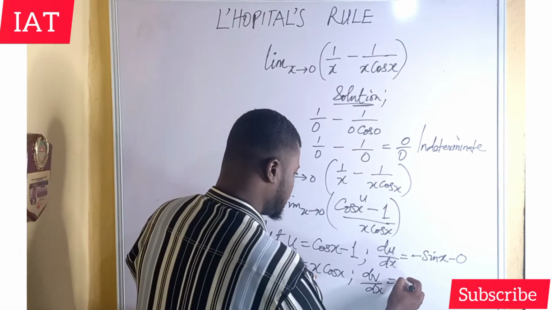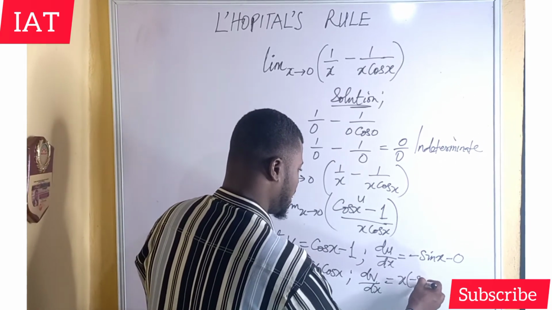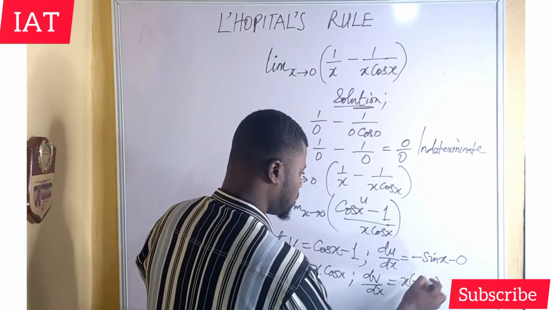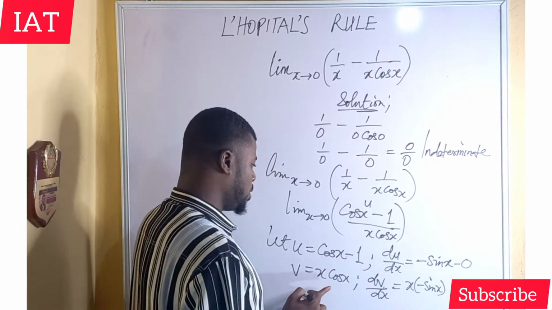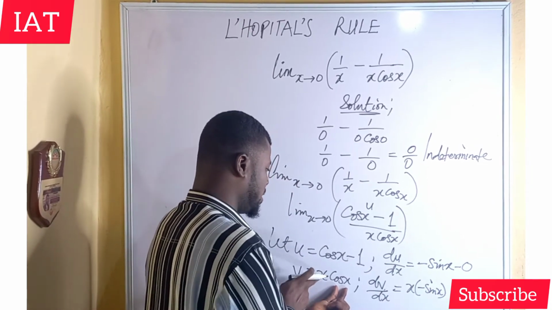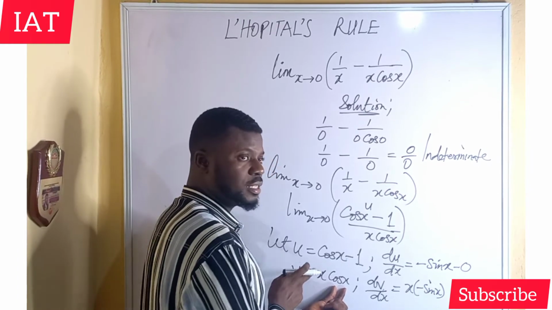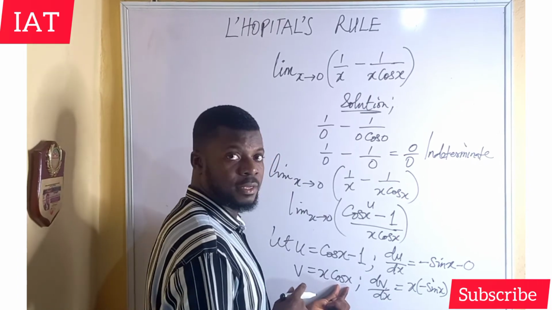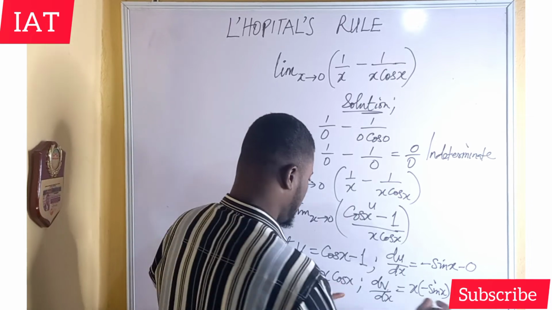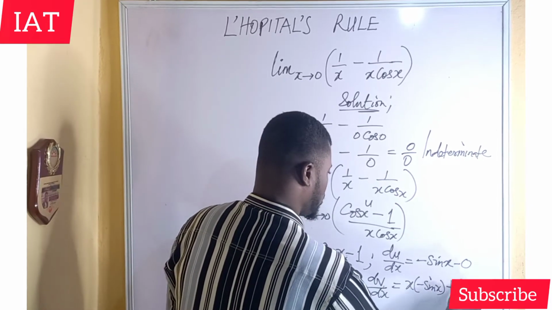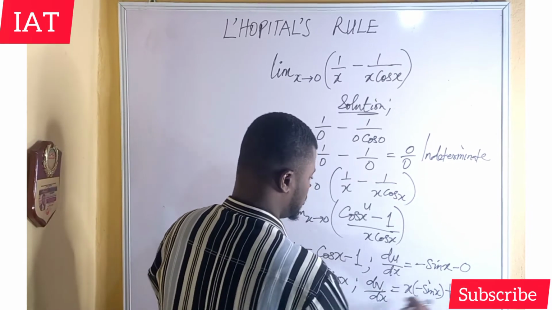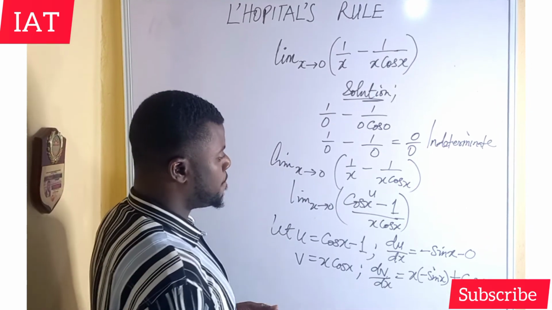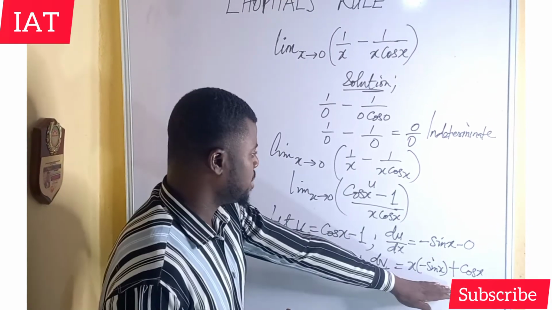So we have x multiplied by minus sine x. And again, we need to keep cos x constant and differentiate x. The derivative of x is just 1. Because we kept this constant, we have plus cos x. This is the normal product rule. All right, we've got it in here.